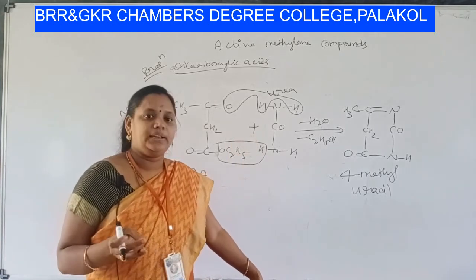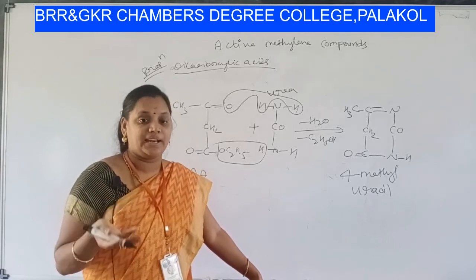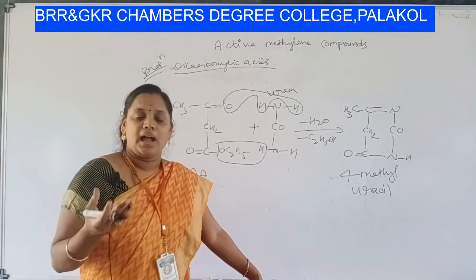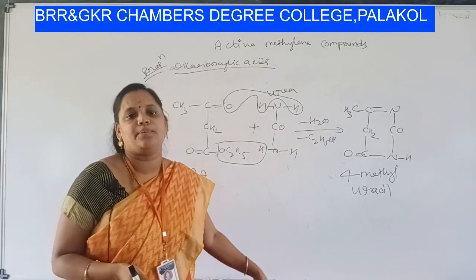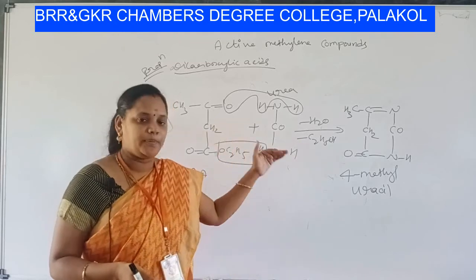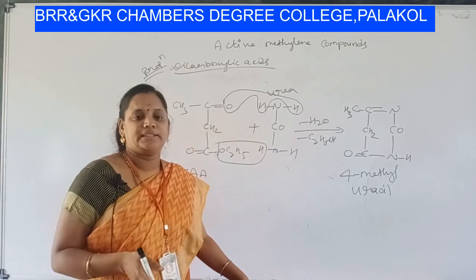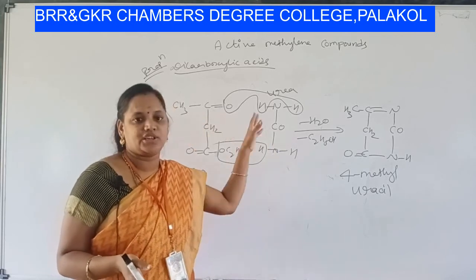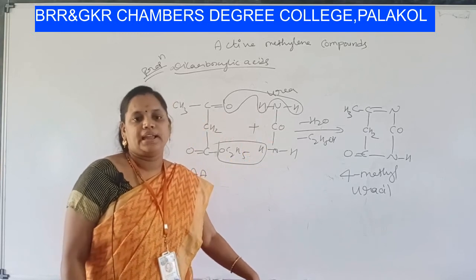In this session, we prepared succinic acid, adipic acid, propanoic acid, valeric acid, isobutyric acid, alpha beta unsaturated crotonic acid, n-butane, and finally 4-methyl uracil. So all these are prepared from ethyl acetoacetate. Hence all these reactions are called synthetic applications of ethyl acetoacetate.